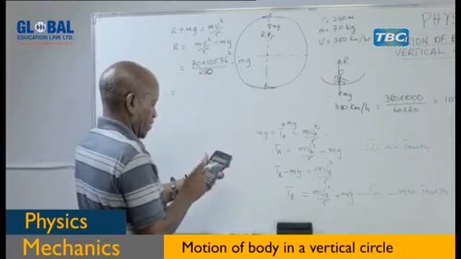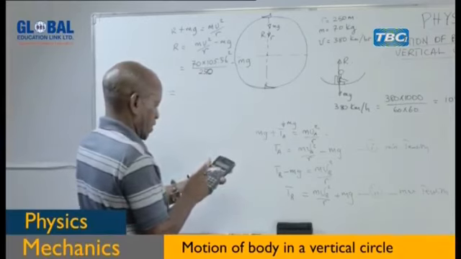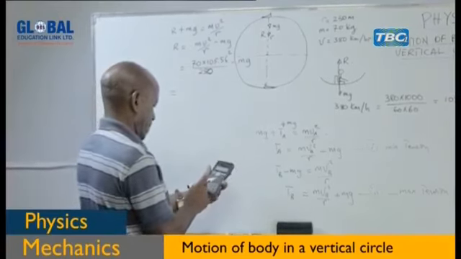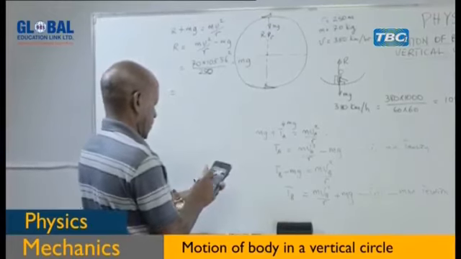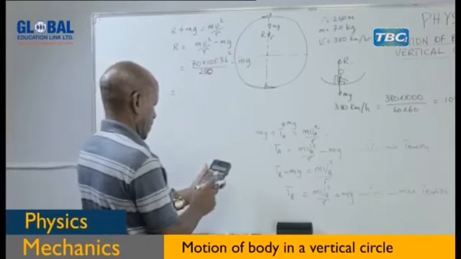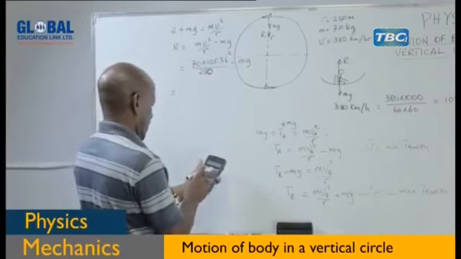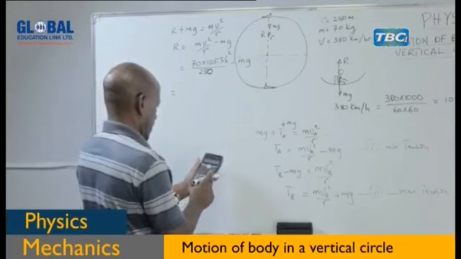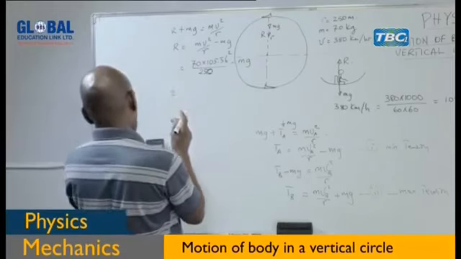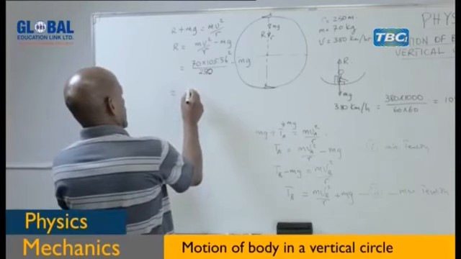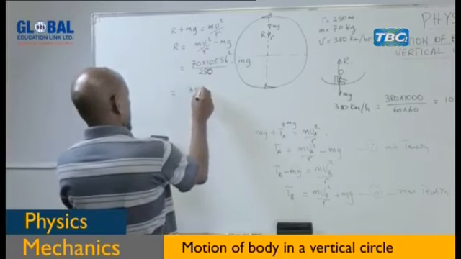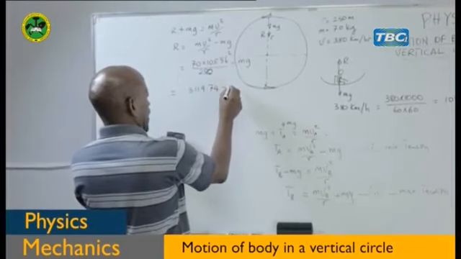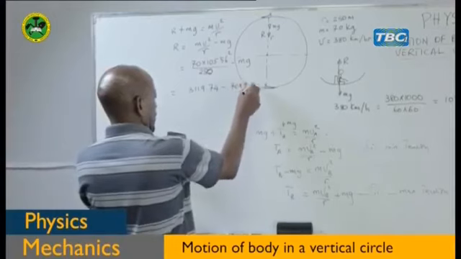So we could compute here comfortably that if I'm taking 105, so this will be equal to 3119.74 minus mg. The mass is 70 and the g is 9.8.